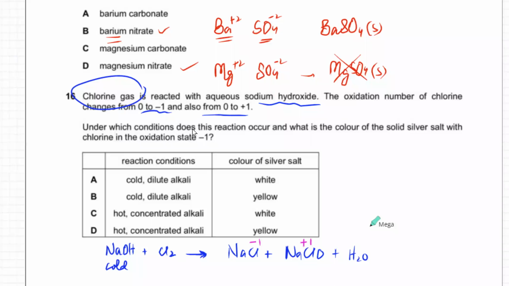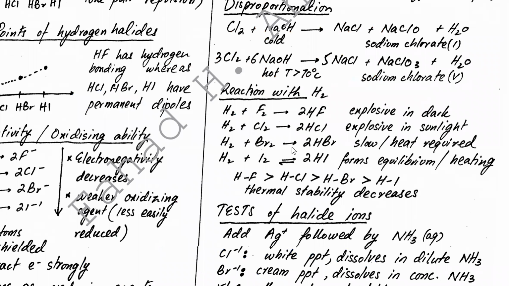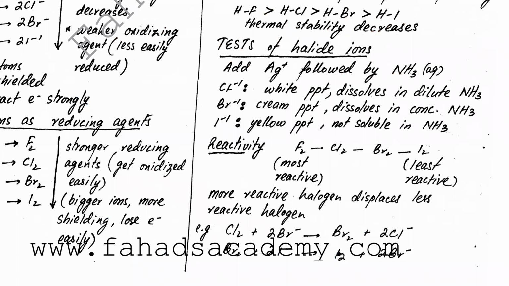But anyway, under which conditions does the reaction occur? And what is the color of the solid silver salt which chlorine forms? First, the conditions: it's got to be cold, dilute NaOH or alkali. Then you have the precipitate of chlorine, the silver salt. This is the next thing you have to remember, the test for halide ions, which you did in O levels as well.